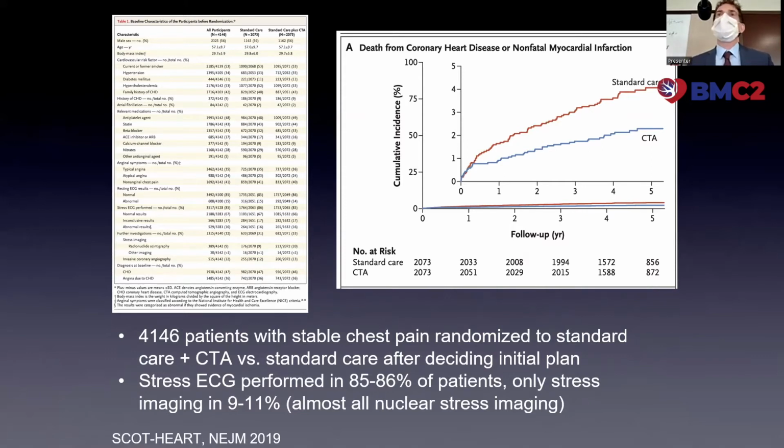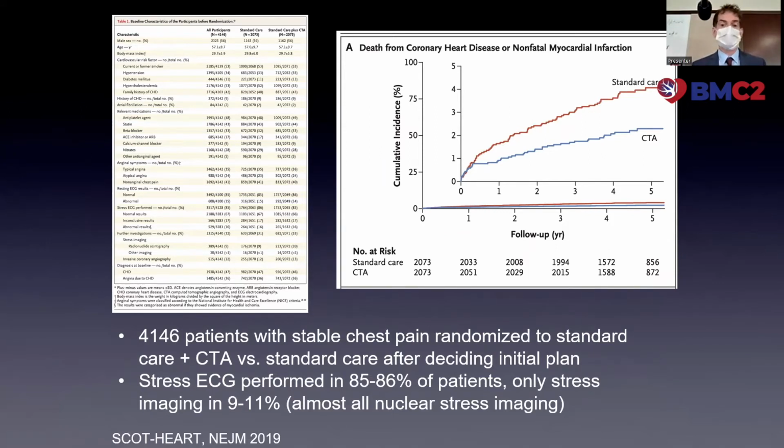And yes, this is what they observed, but you have to look into the data a little bit too. This was done in Scotland at multiple sites, and most patients there were not getting stress imaging tests. In the United States, most patients who are getting stress tests, it's much more common to have stress echoes or stress nuclear than just an exercise EKG alone without imaging.